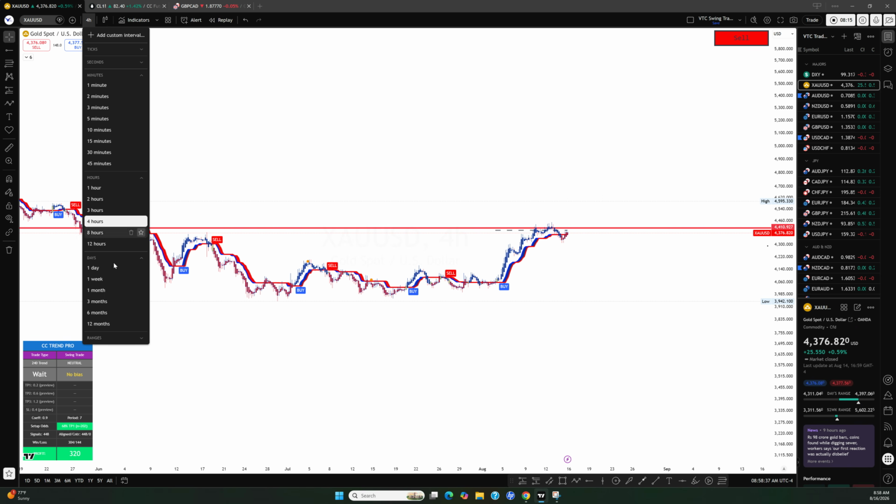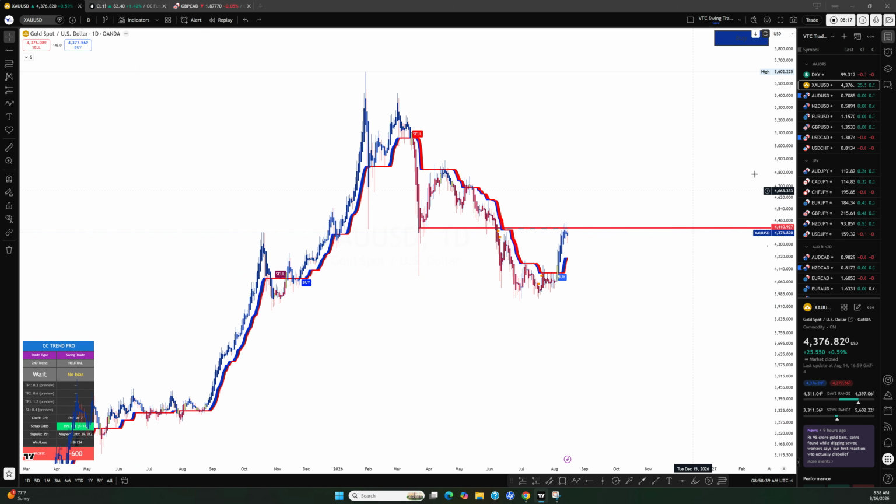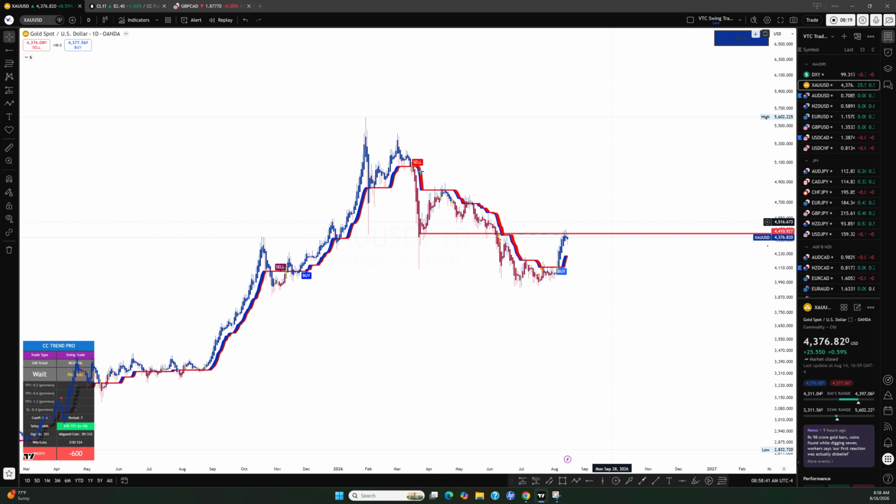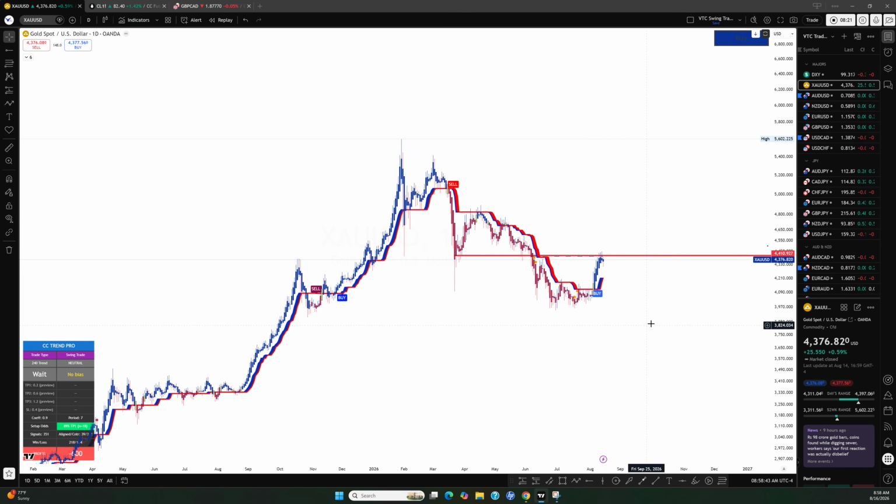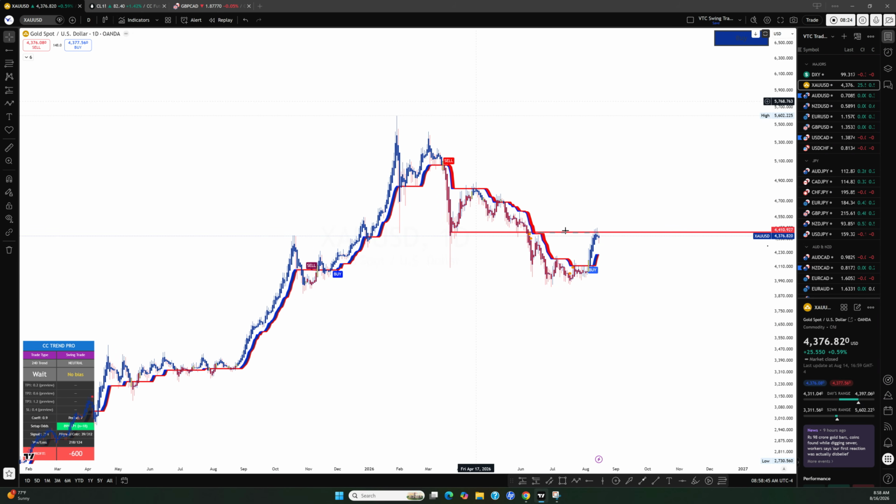Obviously, if we're looking at this, the structure of gold is still very much so bullish. We just had a nice little pullback here. Now we don't know what's going to happen. We don't know if price is going to pull back and then continue higher, or if price is going to pull back and continue lower to break these lows.